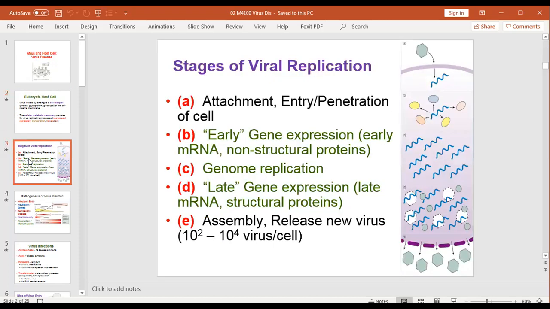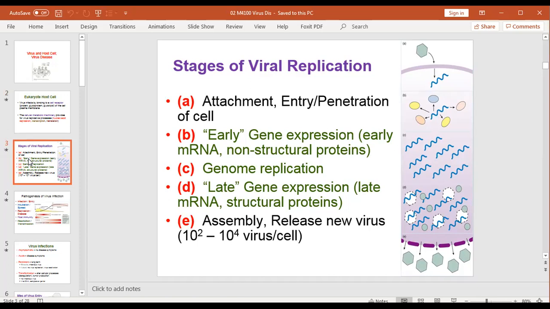Slide number 3, stages of viral replication. There are 5 major steps for the successful replication of a virus. The very first step is the attachment of virus to the host cell, which is done through host cell receptors on the plasma membrane.